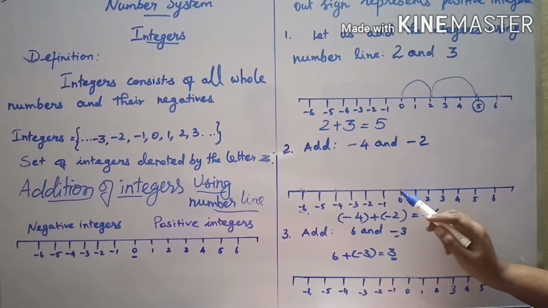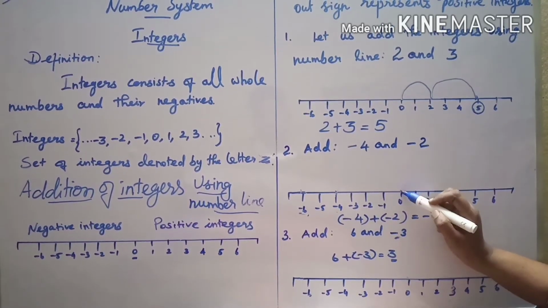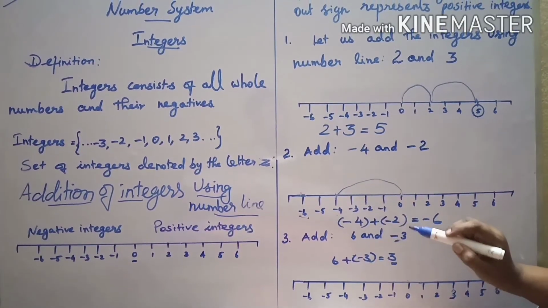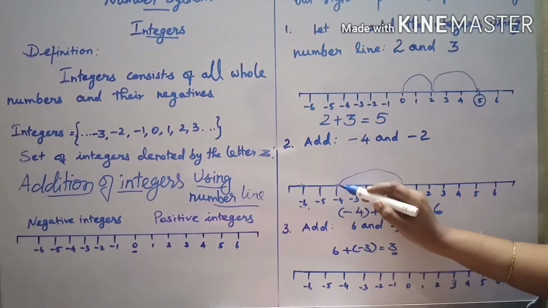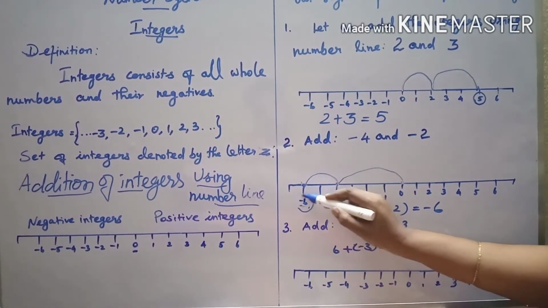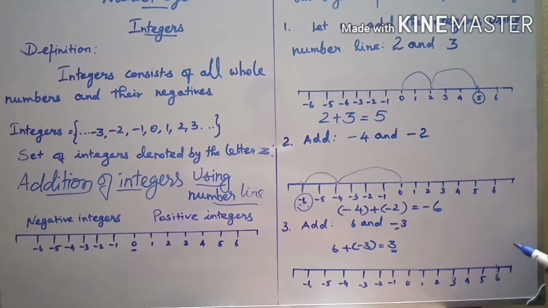Negative numbers, we have to move backward. So from 0, move 4 steps to reach minus 4. Again from minus 4, move 2 more steps to reach minus 6. So minus 4 plus minus 2 is equal to minus 6.